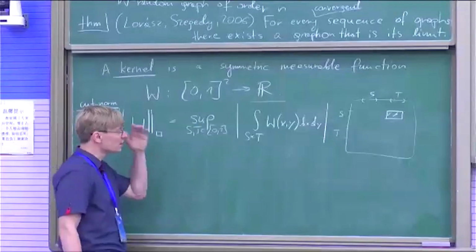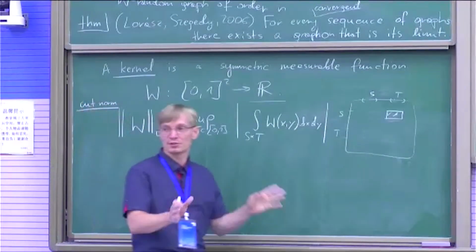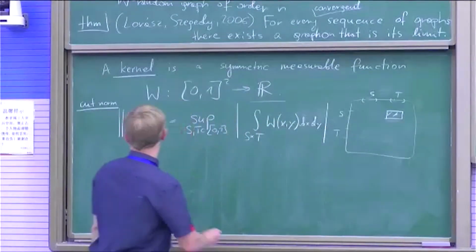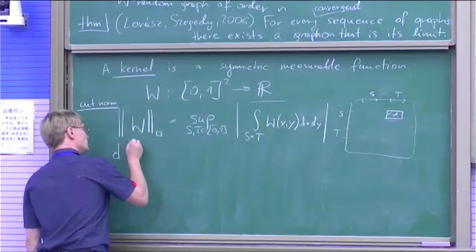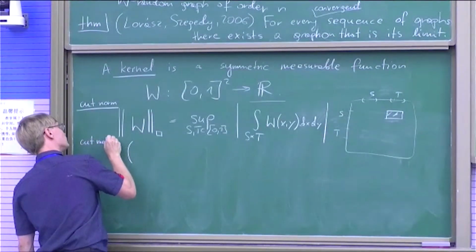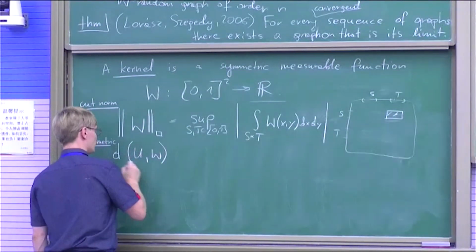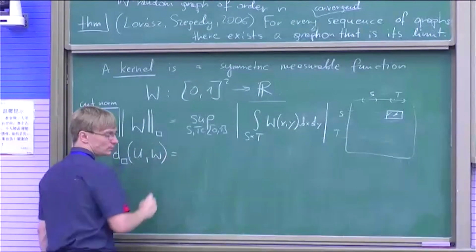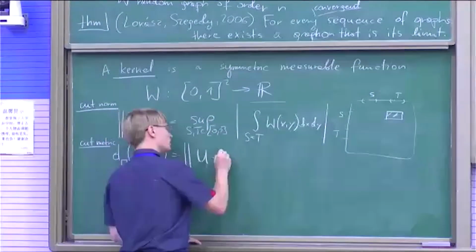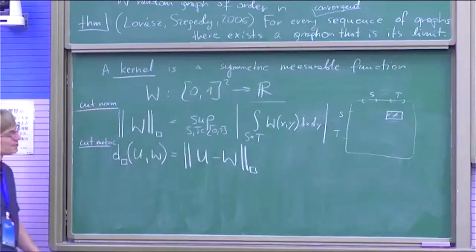Formally, one can easily prove that this is indeed a norm, so it satisfies all the conditions that we want from a norm. And this defines a metric, called the cut metric between two kernels, just as the cut norm of their difference.